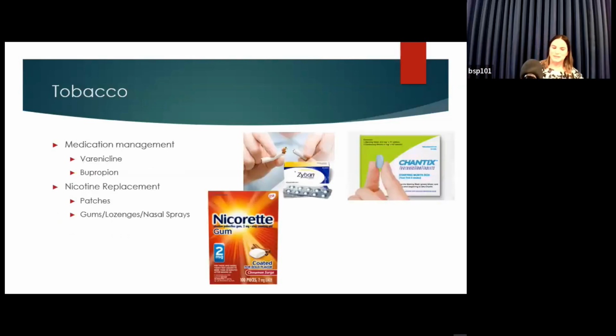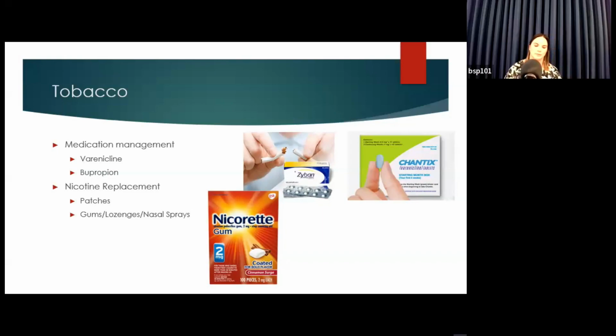All right, tobacco. So this is like the quiet substance use disorder. It's super loud in that it's killing everybody, but we don't necessarily think of it in the same categories like alcohol use disorder or opiate use disorder, but it does have a really high morbidity and mortality rate. It is the #1 in the country.